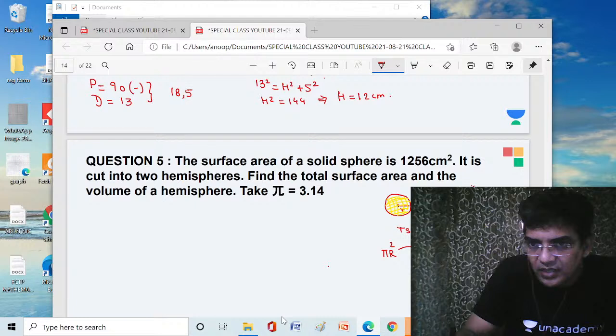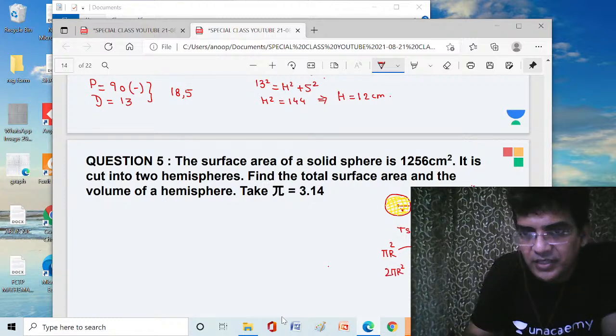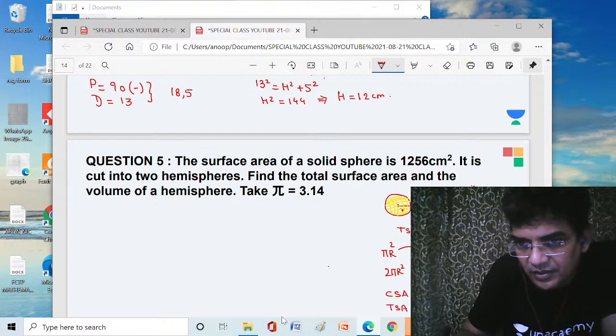So remember, a hemisphere has two surfaces. One is a circular surface and the other one is the curved surface. If I ask you to write the formula for curved surface area of a hemisphere, you are going to write 2 pi r square. And if I ask you to write the total surface area, you will add these two surfaces, the curved surface and the circular surface, and this will give us 3 pi r square.